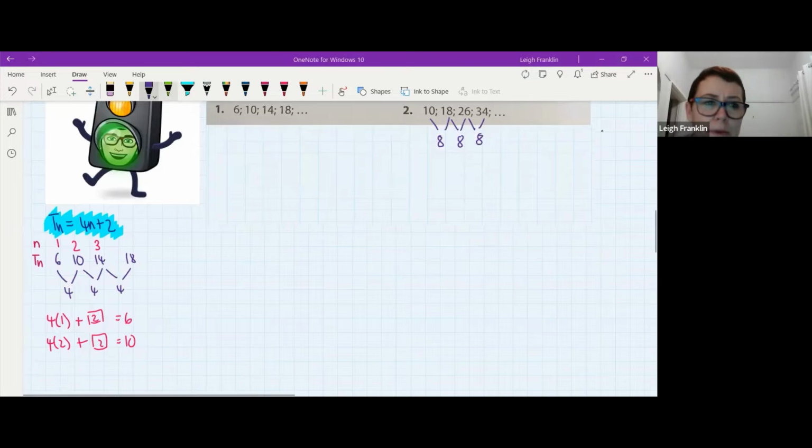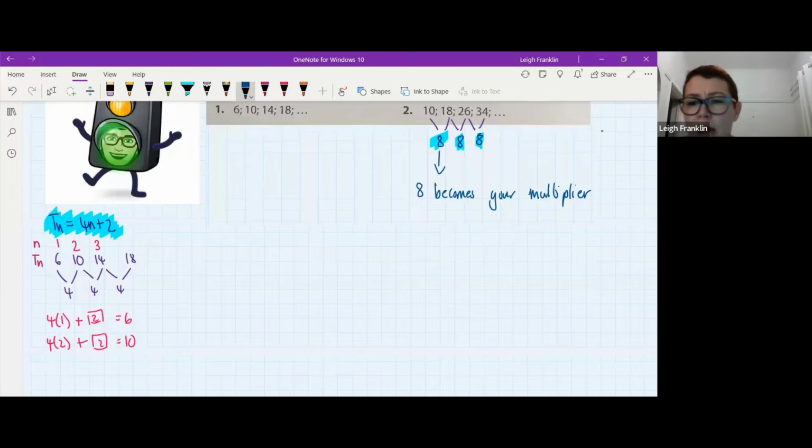Okay, so remember, the number that is your constant difference is going to become your multiplier. Okay, so 8 becomes your multiplier. So in other words, what happens here is 1 goes in.